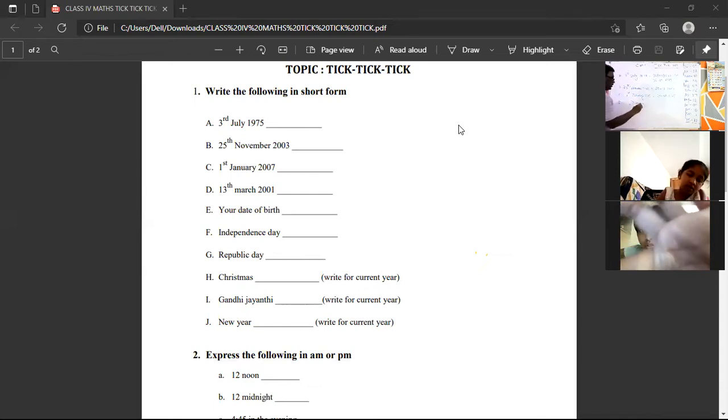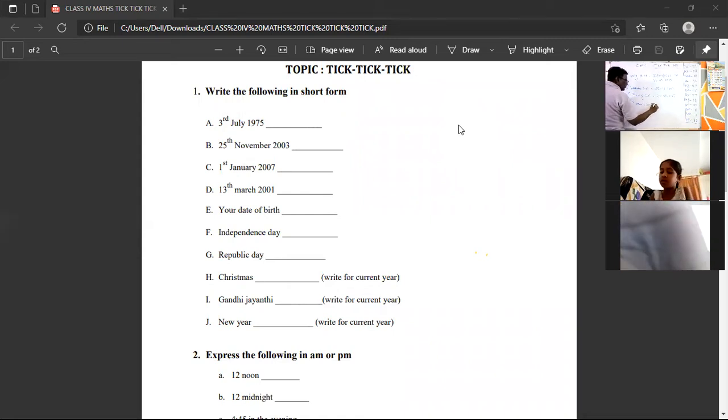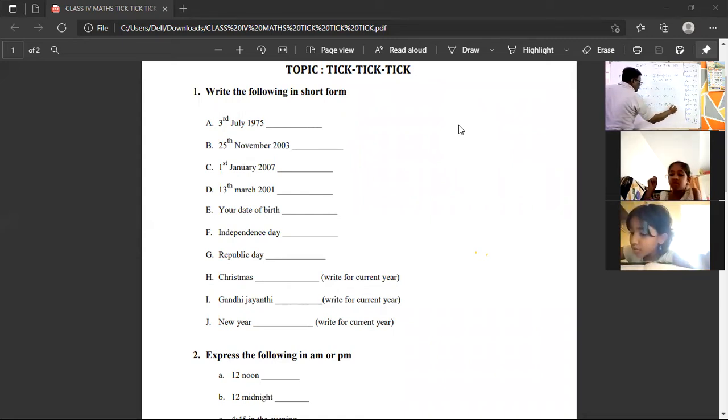March 2001. March means third month. Year means 2001.